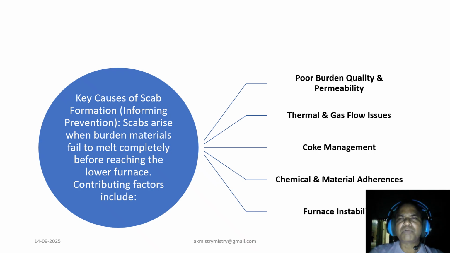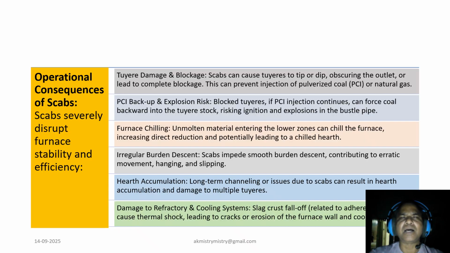Coming to our additional factors and operational impacts. Beyond burden and thermal issues, other factors exacerbate the scab formation. Inadequate or uneven coke layers allow ferrous layers to contact, forming thick impermeable zones.